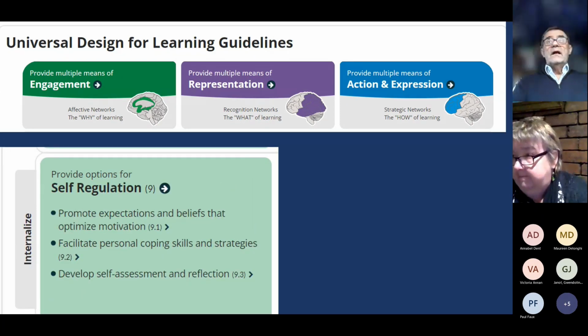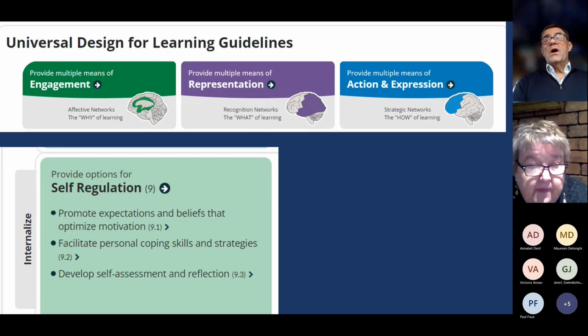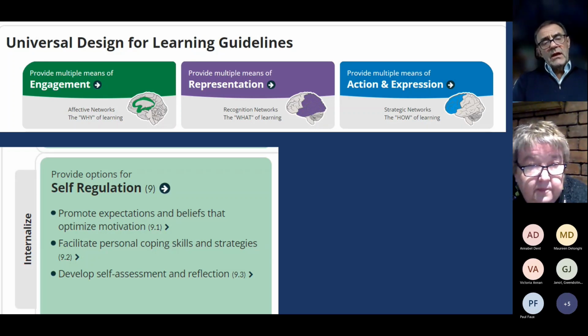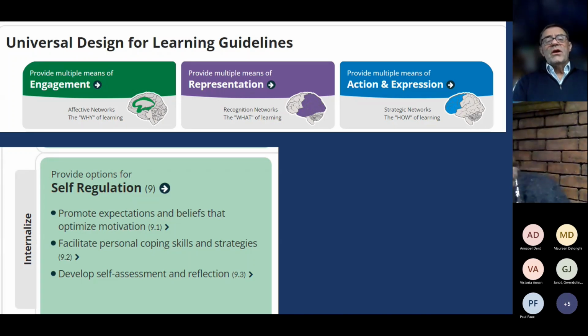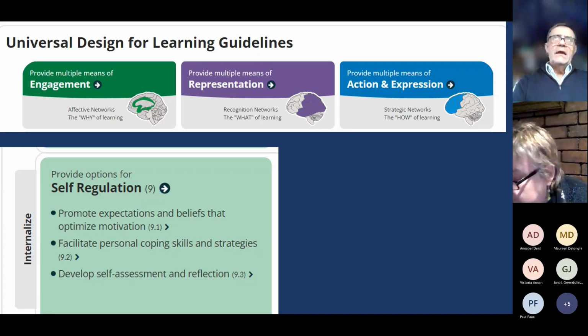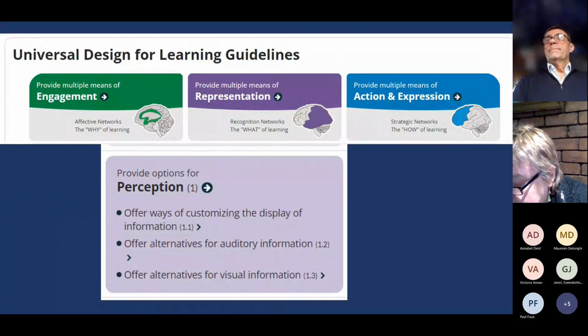And that is all linked into self-regulation as well, trying to help the learner to set the challenges for themselves, or to cope with those challenges. So, for instance, facilitate personal coping skills and strategies. Part of that is about resilience: I got it wrong, so you've got to try it again. You've got to see that as being a learning process as opposed to the end of the process.